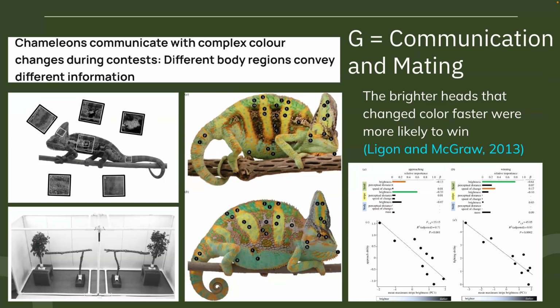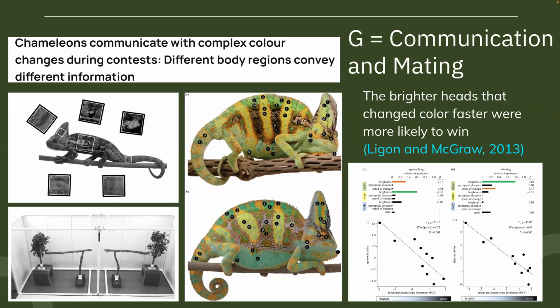So I found an article about chameleons communicating with color changes, and they change their colors during social interactions, and it can depend on their mood. So this paper aimed to analyze these color changes and see how it signals to conspecifics. And for the methods, I think they say it best, where they said, "We staged a series of aggressive dyadic encounters between 10 adult male veiled chameleons in a round-robin tournament format that matched each chameleon against every other chameleon."